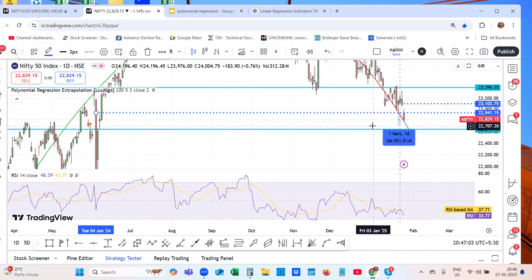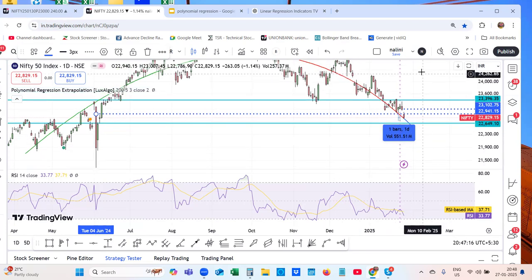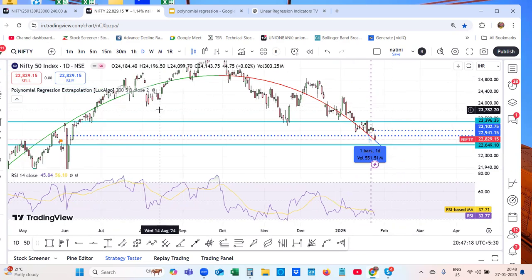I have not made the video for the levels. I'm going to post it tomorrow morning before market opens. You can look for that. So this is an indicator with the linear regression.